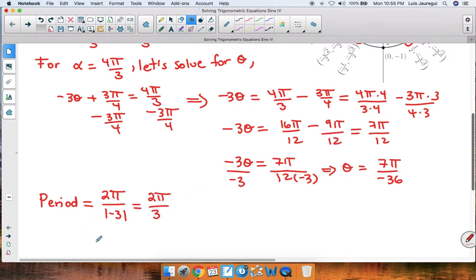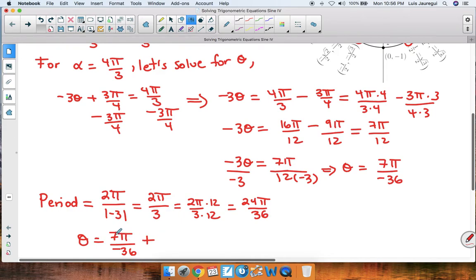So what we're going to do to get our angles is as follows. We're going to take theta to be 7 pi over negative 36. Now, since we're dealing with 36, we're going to change the period to involve 36's. So this is going to be 2 pi over 3 times 12 over 12, which will give you 24 pi over 36. This is a period, so we're going to add that to it.